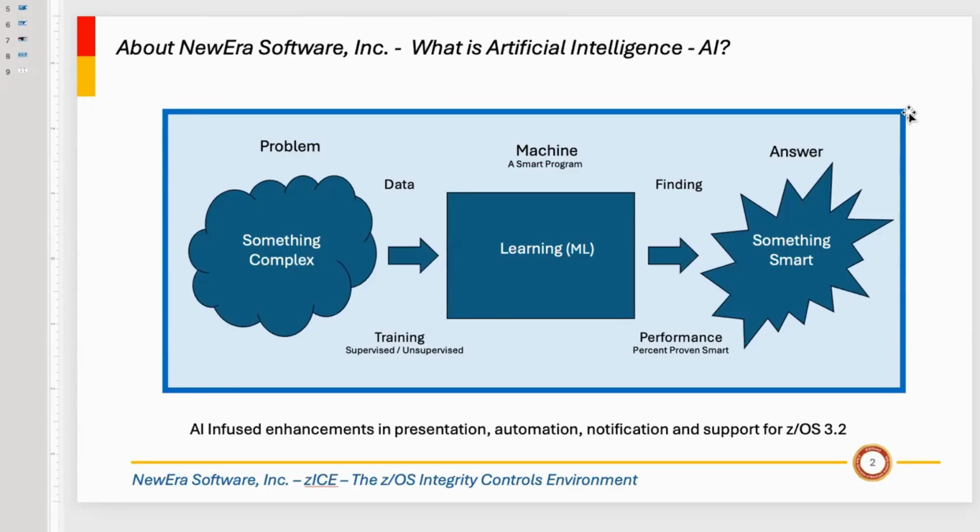Or it could be, let's set up a clean room in order to be able to proceed with a secure boot. These are complex problems and they require substantial amount of data and training, and the findings would often be viewed as doing something smart, but they have to approach or maybe achieve 100% in terms of their accuracy.